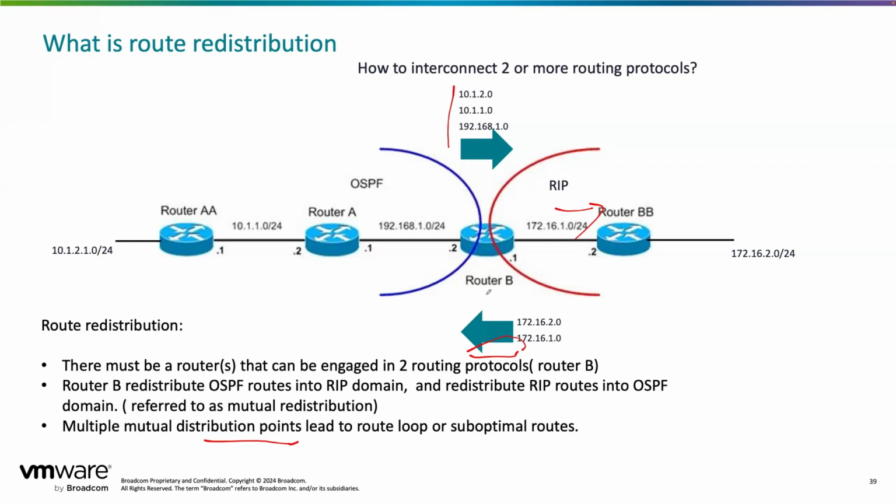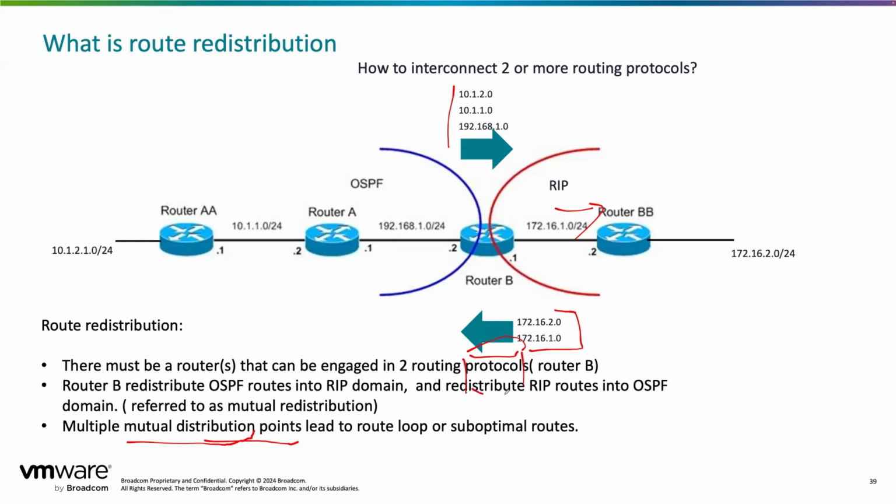In contrast, router B already learned RIP routes, which are these two, and redistributes these two into the OSPF domain. So that means we perform a mutual redistribution from this point.